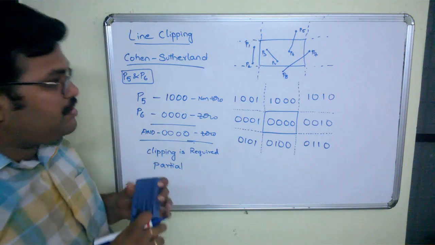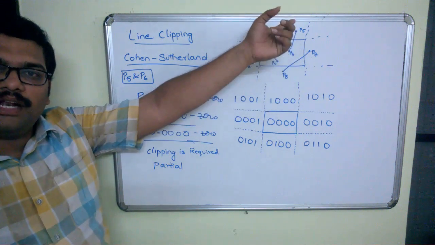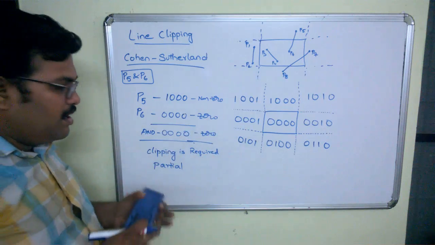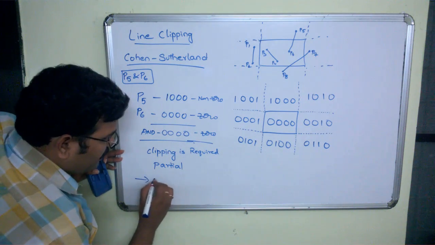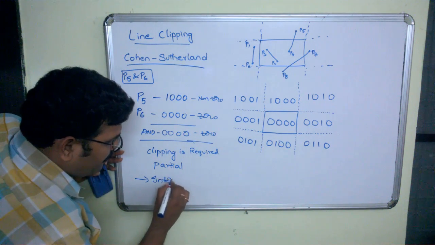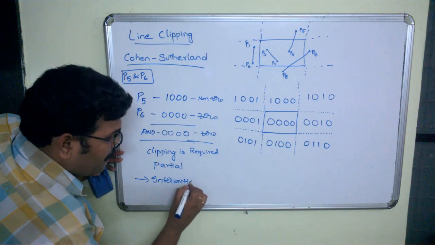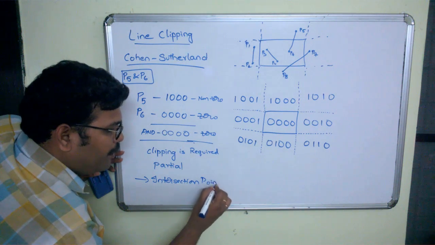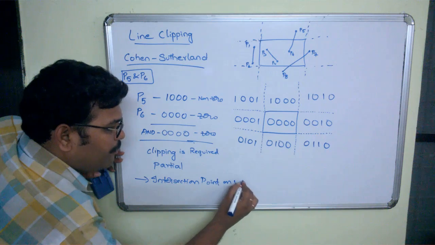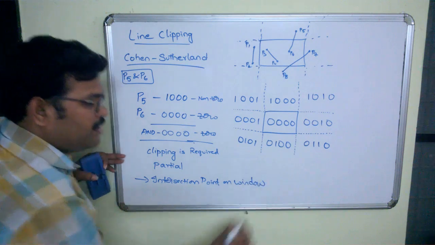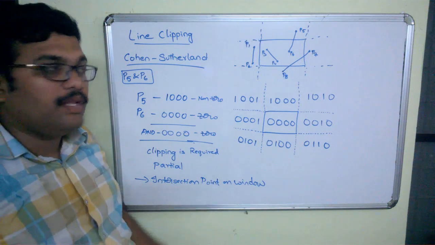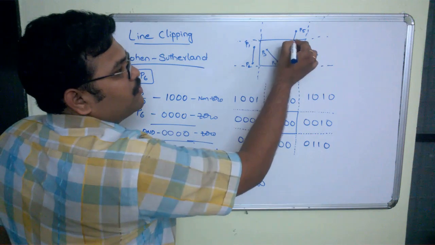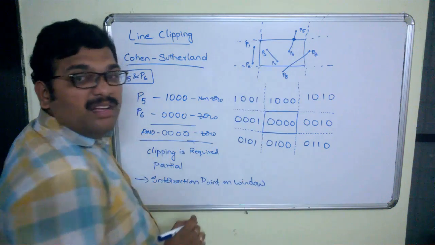That means some portion lies inside and some portion lies outside. In such case, we need to find the intersection point on the window. Consider the intersection point on the window. That means this one. So this is the intersection point.